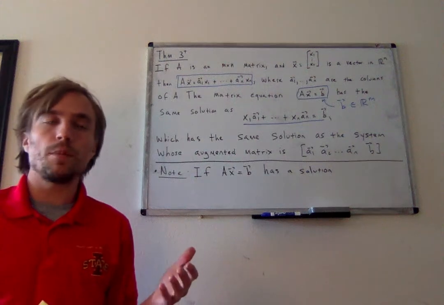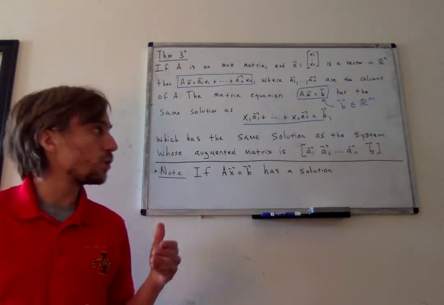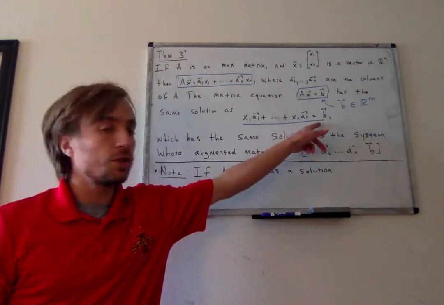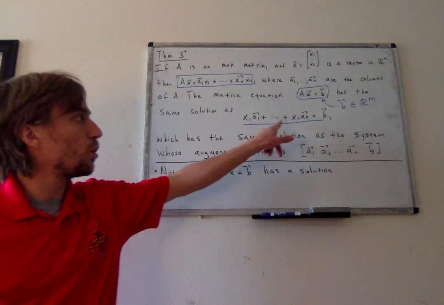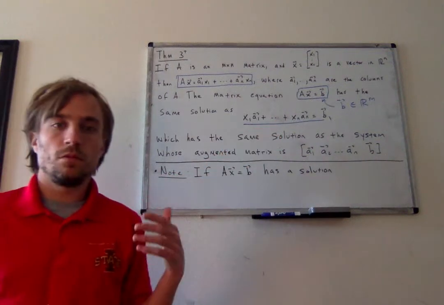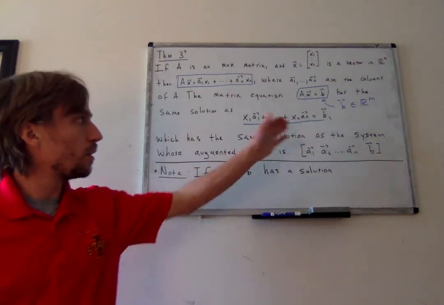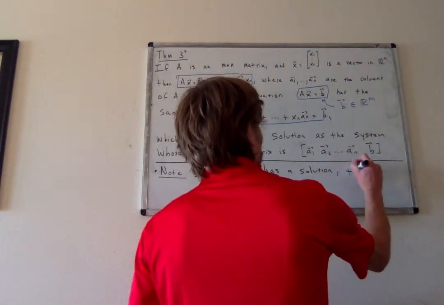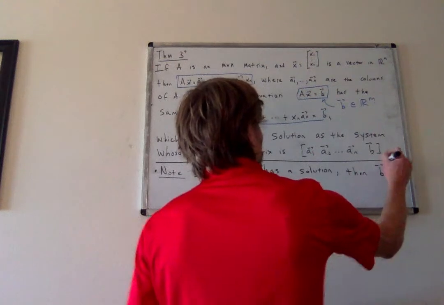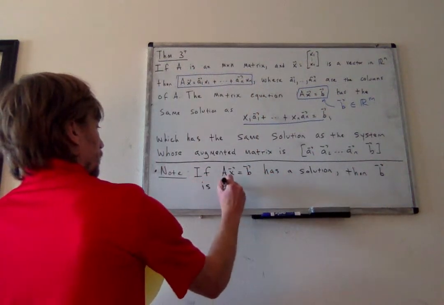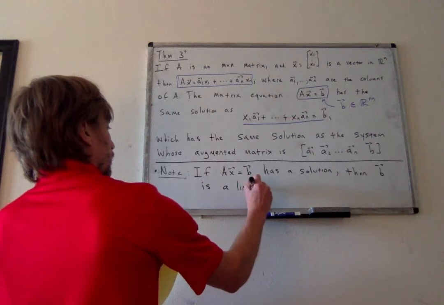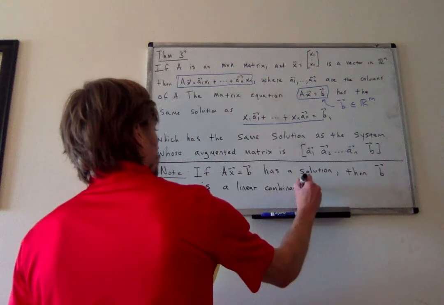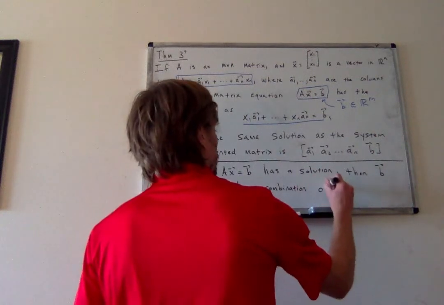Remember, a linear combination was this definition we introduced, where I've got scalar times vector plus scalar times vector equals vector. And so a solution corresponds to finding scalars x1 through xn that give me equality here. And so if Ax = b has a solution, then b is a linear combination of the columns of A.